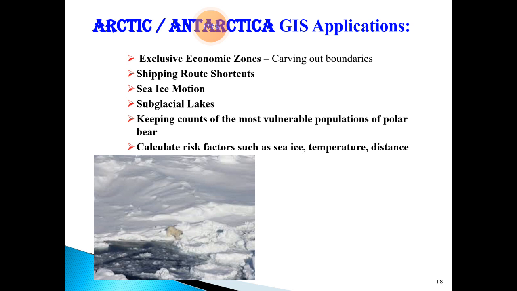It also helps in monitoring the sea ice motion, subglacial lakes, and gets the information on the health of vulnerable fauna like polar bears, then recording of risk factors like sea ice, temperature, distance, etc. for navigation.